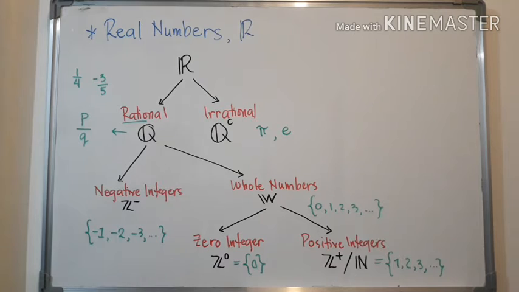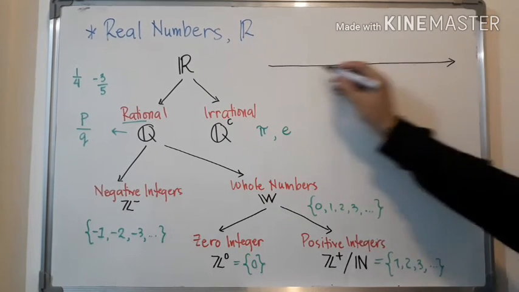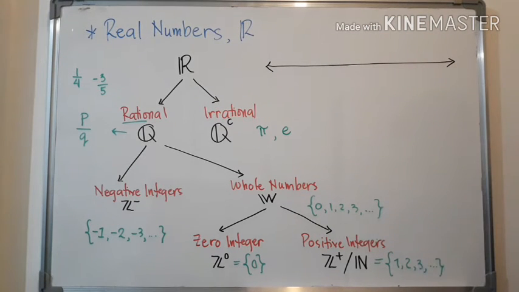Now, a real number can be represented graphically. Say, we choose an arbitrary point in the set of real numbers.